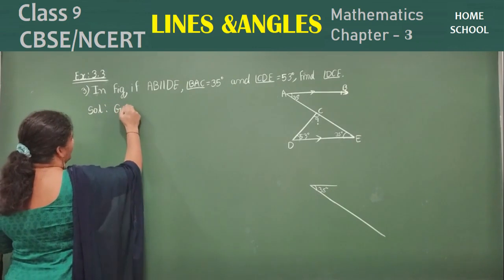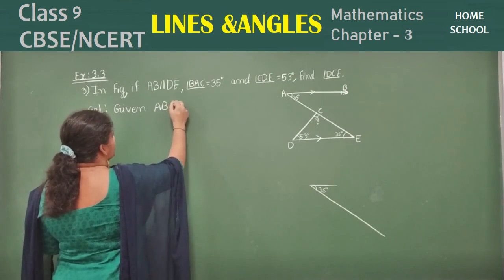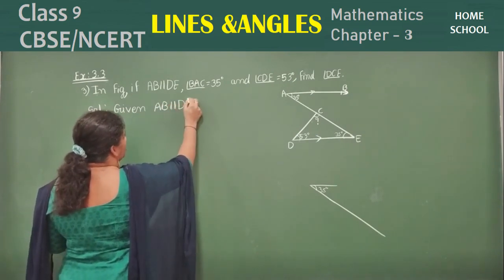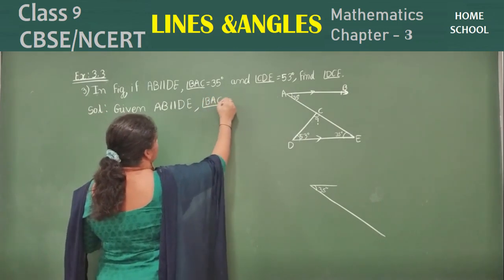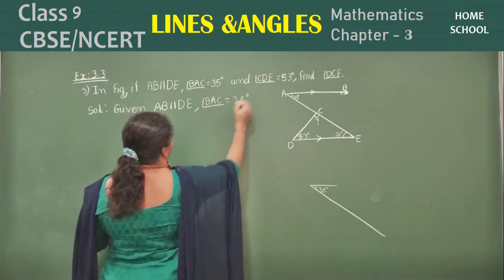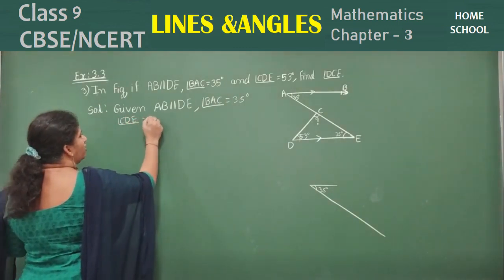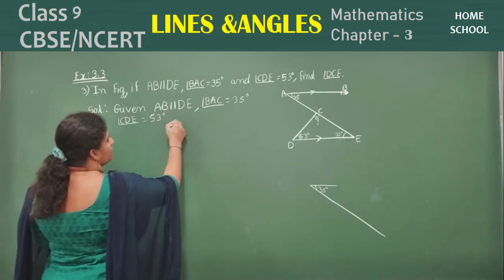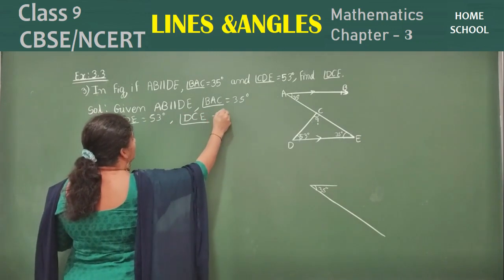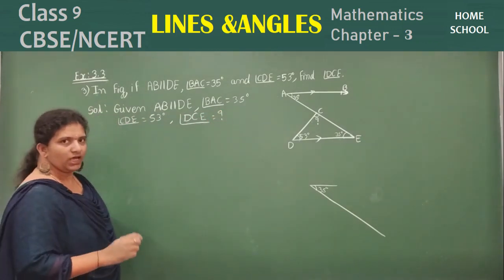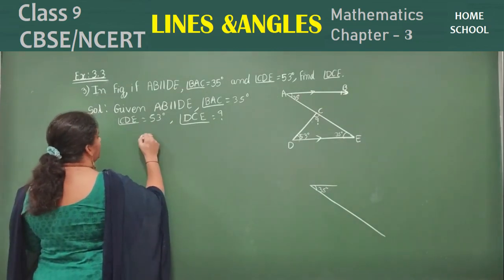Solution. Given: what they have given, you rewrite again from your question. AB parallel to DE and angle BAC is equal to 35 degrees. And one more, angle CDE is equal to 53 degrees. Find angle DCE. Find means put a question mark. Okay. So now what I am going to write here, look here.